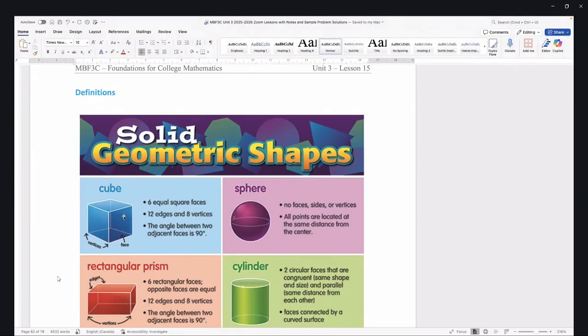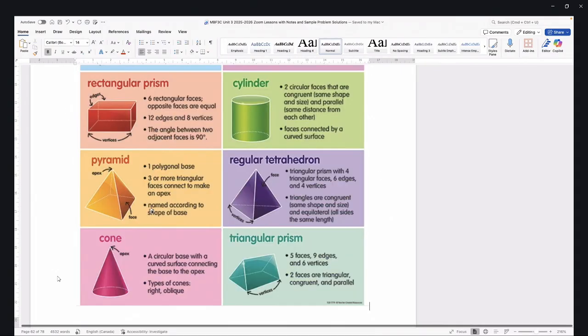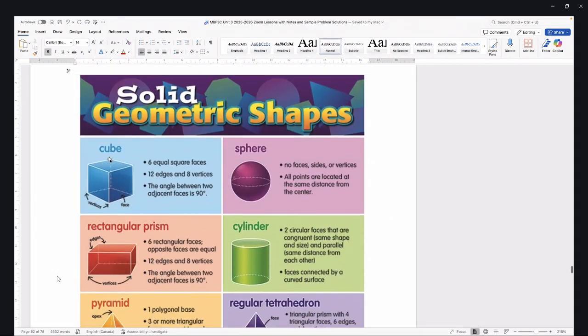So a vertex is the point where, and actually in this case, three of the edges meet, or three of the faces meet. So basically the corners of a cardboard box or the corners of the cube are vertices.